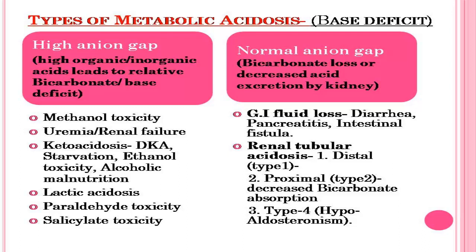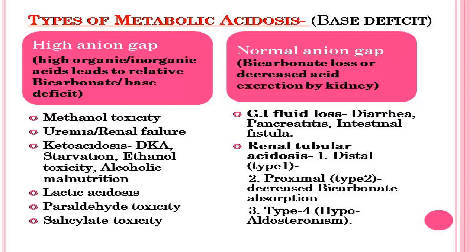First very common cause, that is methanol toxicity or ethanol toxicity. In case of methanol ingestion or ethanol ingestion, what happens? These are alcohols inside the body. During the metabolic process they form the acid, which is added to the system, and this leads to the acid excess, leading to the relative bicarbonate deficiency.